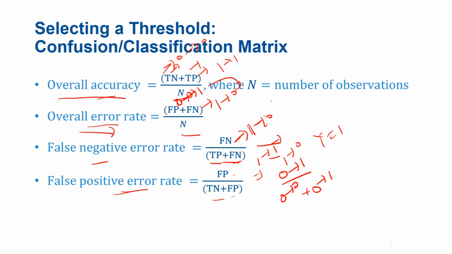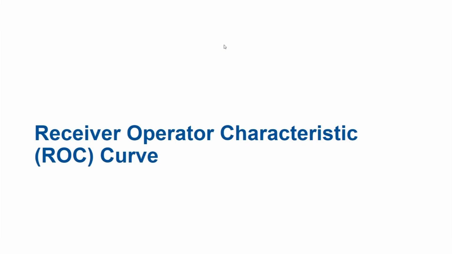Next, we also derived a number of very important measures of overall accuracy of the model prediction: overall error rate, false negative rate, and false positive rate. Essentially, all these measures are derived out of the confusion or what we call classification matrix, as we discussed in this video in detail.